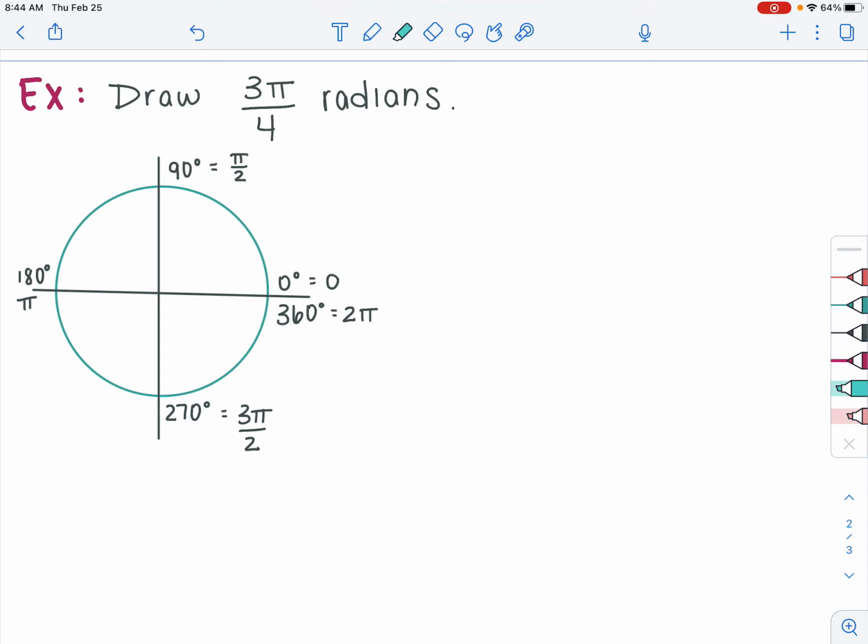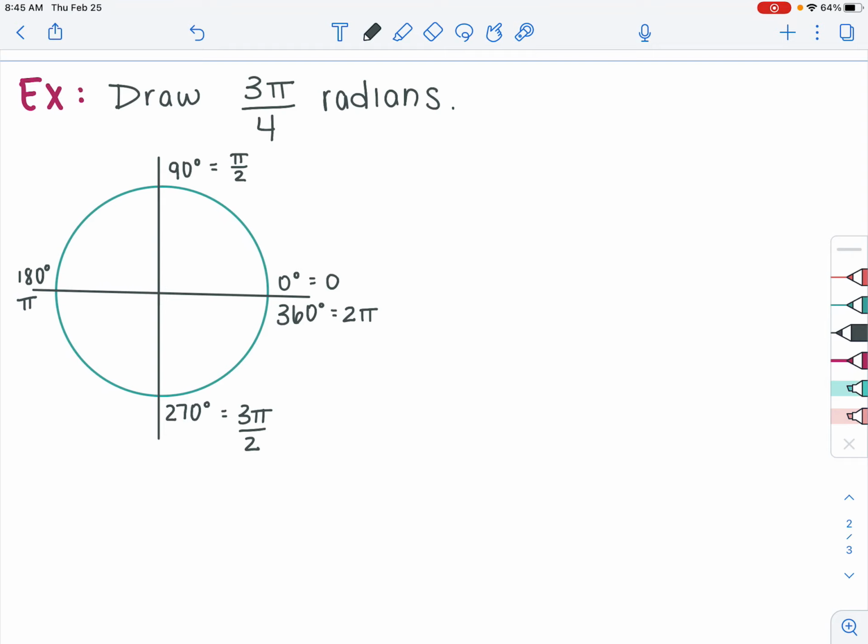So I can see right away that when I cut my circle into halves, I get this 90 degrees. If I need a fourth, I need half of a half, right? Which would be right in the middle here. So when I'm talking about a denominator of 4, I'm really talking about 45 degrees.